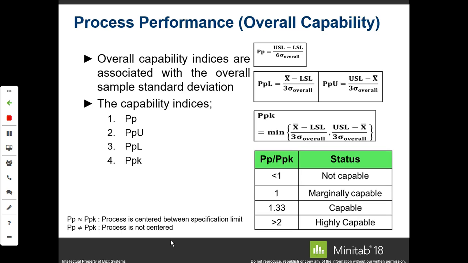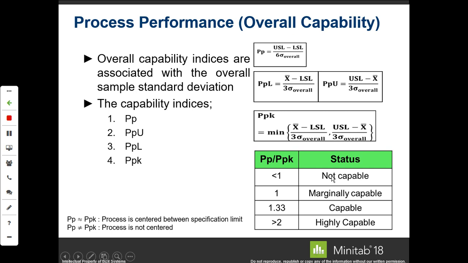Okay, the same goes for the overall capability, which we call Pp. For Pp we also have the same: we have Pp, we have PPU, which is upper, and PPL, which is lower, and also we have the minimum between upper and lower, which we call Ppk. Based on AIAG also, we have the same rule of thumb: less than 1 is not capable.